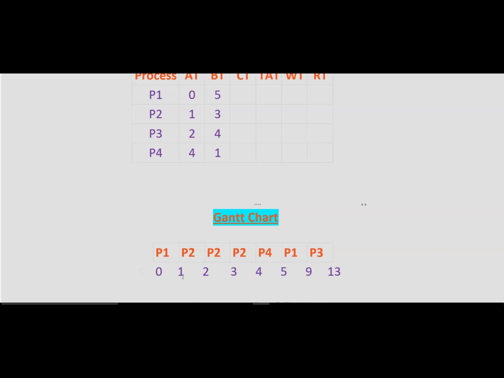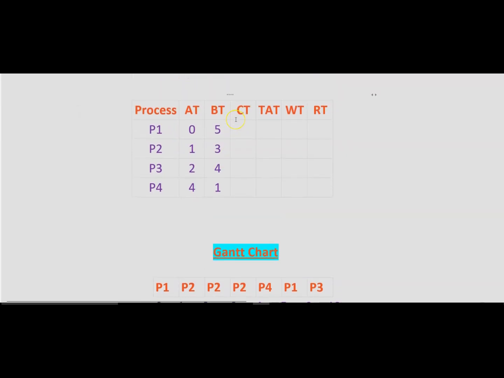So when I'm reaching this particular one time interval, now you can see P2 was another process which has arrived. So how much time interval has this P1 moved? That is one time interval.